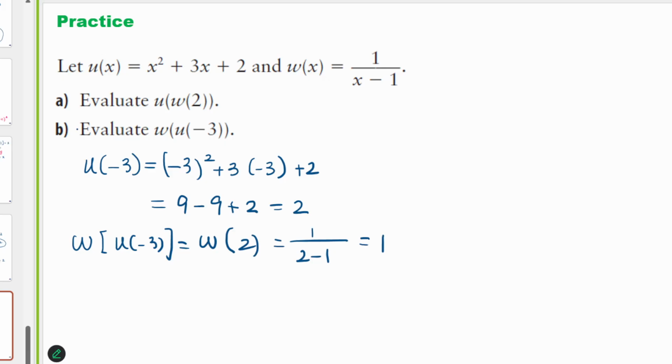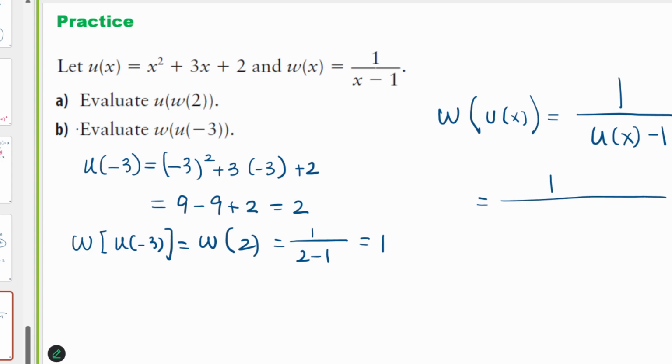Of course, in the second method, you can also evaluate w of u of x first, right? So in this method, we use u(x) as the input of w(x). So that's 1 over u(x) minus 1, right? And then insert the expression of u(x) there, which is x squared plus 3x plus 2, then minus 1.